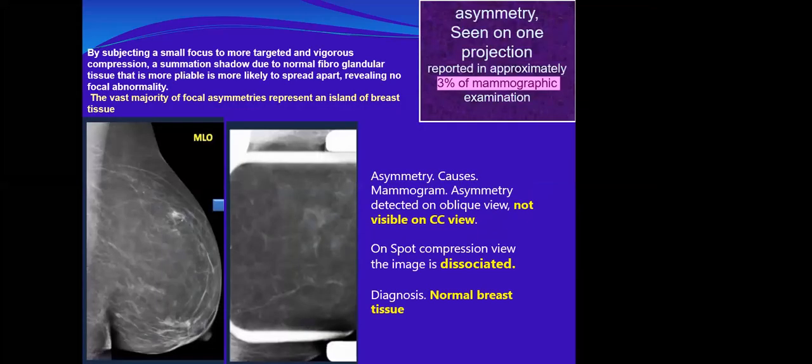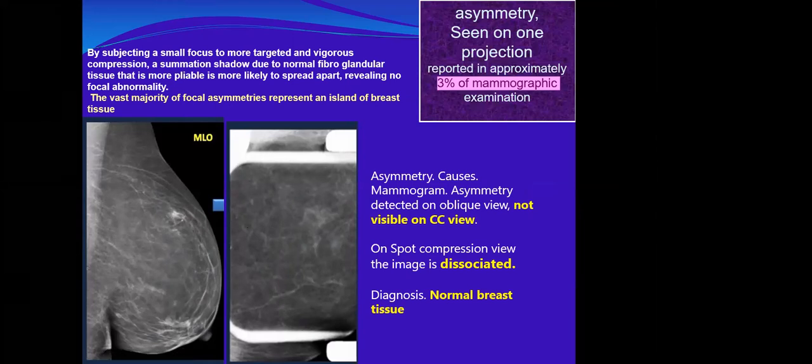Okay, as you have seen in these examples, this area of asymmetry is seen on the MLO but could not be appreciated on the CC view. So we are dealing with an asymmetry. However, the spot magnification view shows dissociation of this normal tissue.